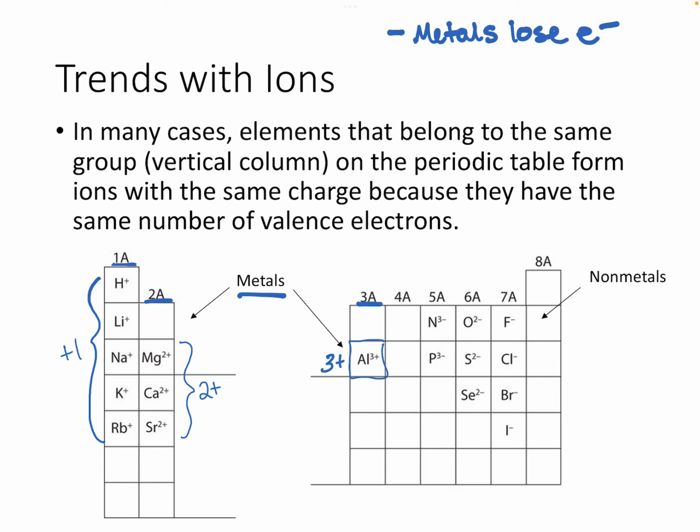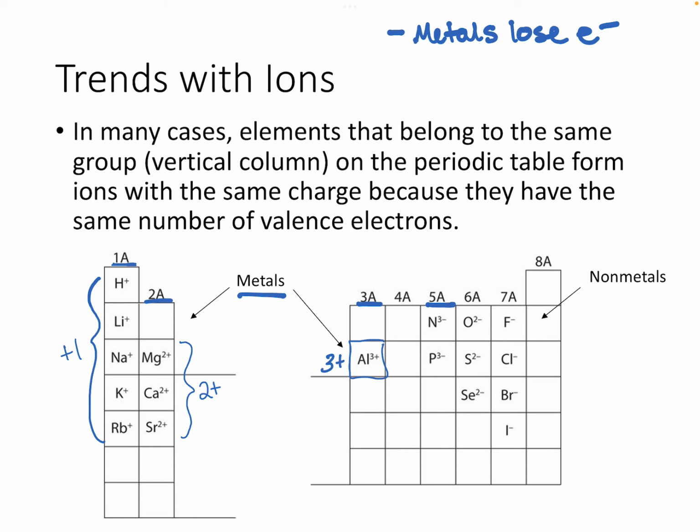Now, on the other hand, if we jump over to column 5, we're going to skip column 4 because column 4 elements tend to form covalent bonds instead of ionic bonds. So we'll get to that in chapter 4. But let's skip over to column 5. We know that everything in that column has 5 valence electrons.